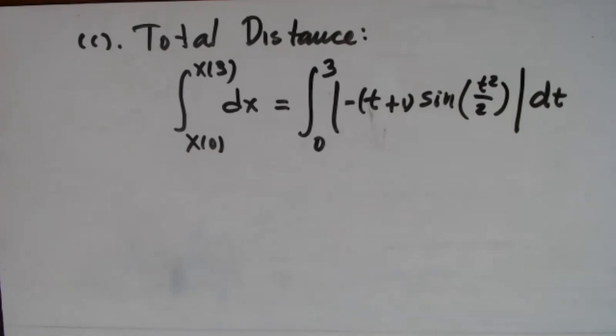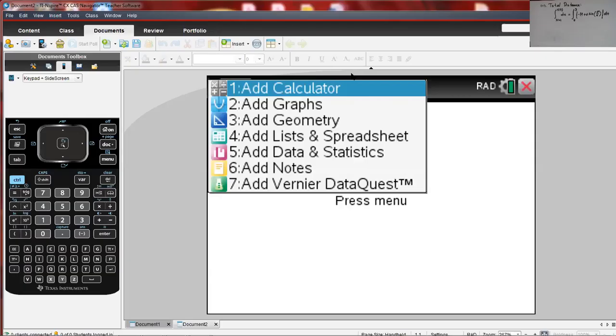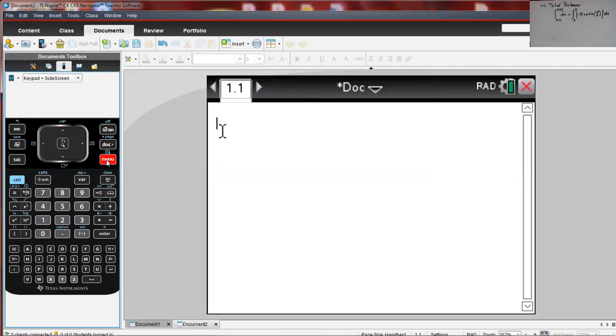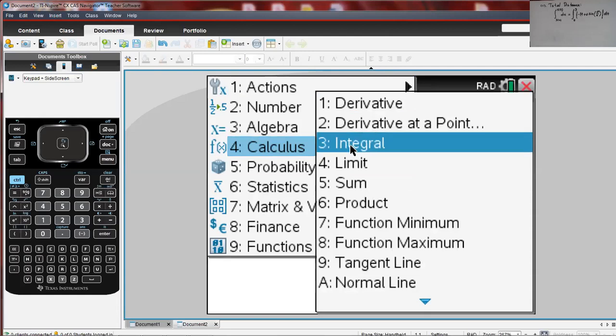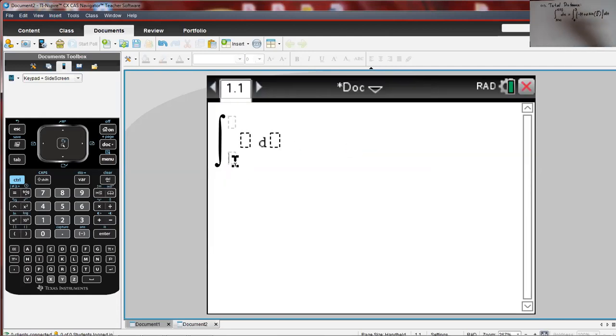Entonces vamos a ponerle aquí, share screen, this one, calculator, menu, calculus, integral. So from 0 to 3, then absolute value again.